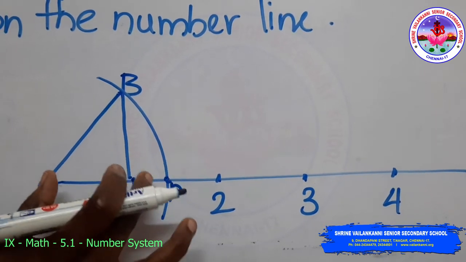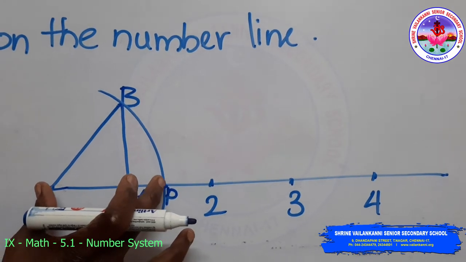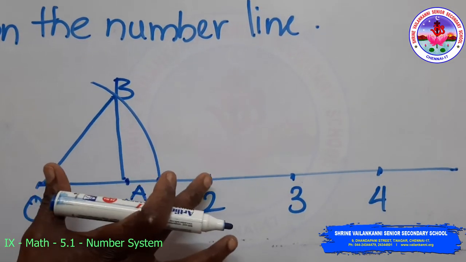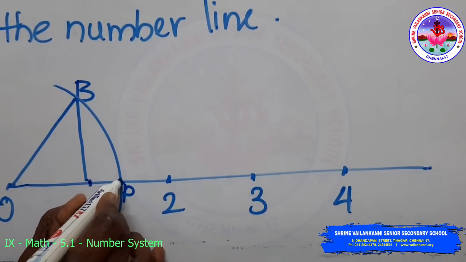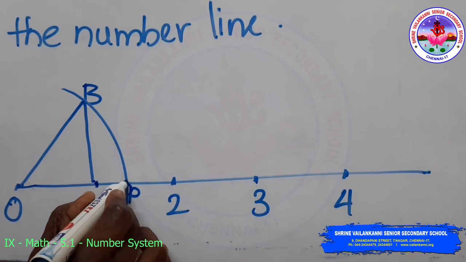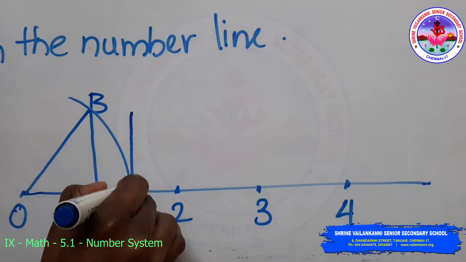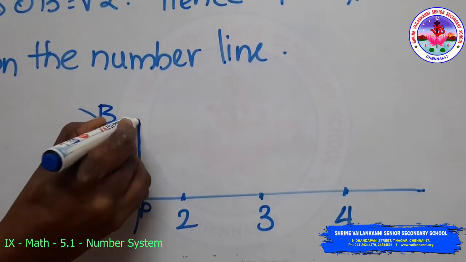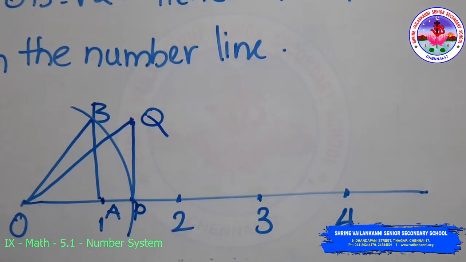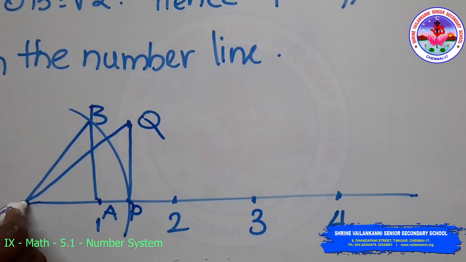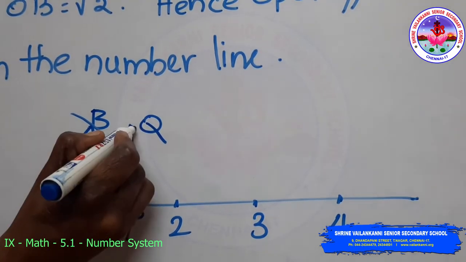As we constructed previously, again I am constructing this root 2 for making my root 3 on the number line. So square root of 2 I am keeping here. Again I am going to take a perpendicular distance of 1 unit from root 2. Again I am joining, and you name this point as Q. Join my OQ line. Again I am going to use the Pythagoras property for the triangle OPQ.